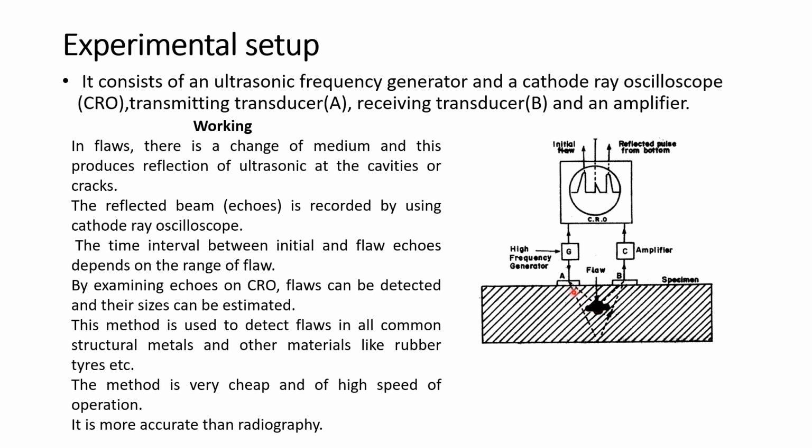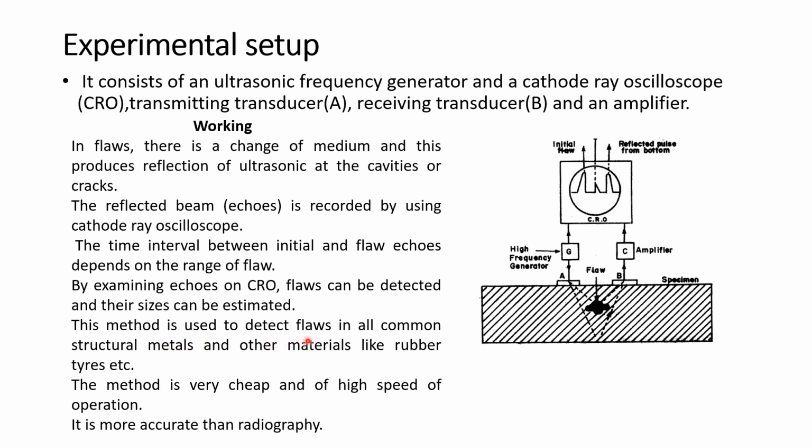So the ultrasonic waves, before reaching the end, will be reflected by this flaw, and this reflected beam will be received by the receiving transducer, and it will show this pulse which is there in between the standard transmitted beam and the received beam. So this is the pulse which shows the presence of the flaw in between. In this way, flaw inside the metal piece can be detected.